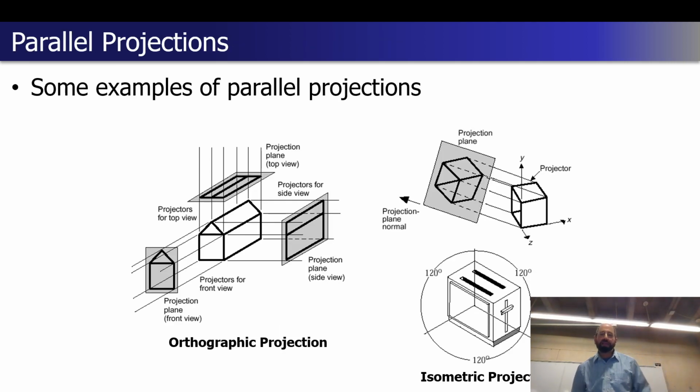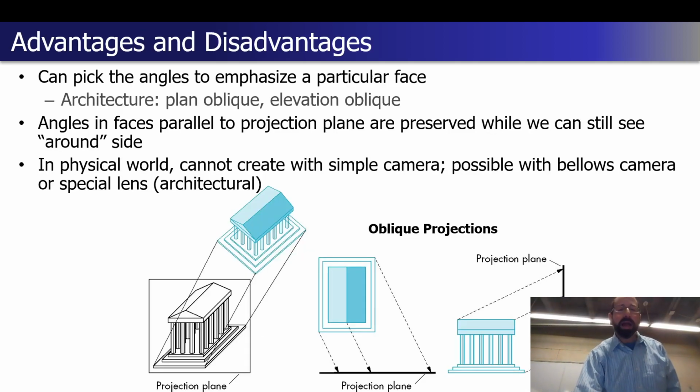A couple more, as I mentioned, orthographic. We already talked about isometric. Isometric just means you split each axis and give them equal 120 degrees, and you get your nice looking toaster when you do your isometric projection. One projection is not thought of as right and another as wrong.